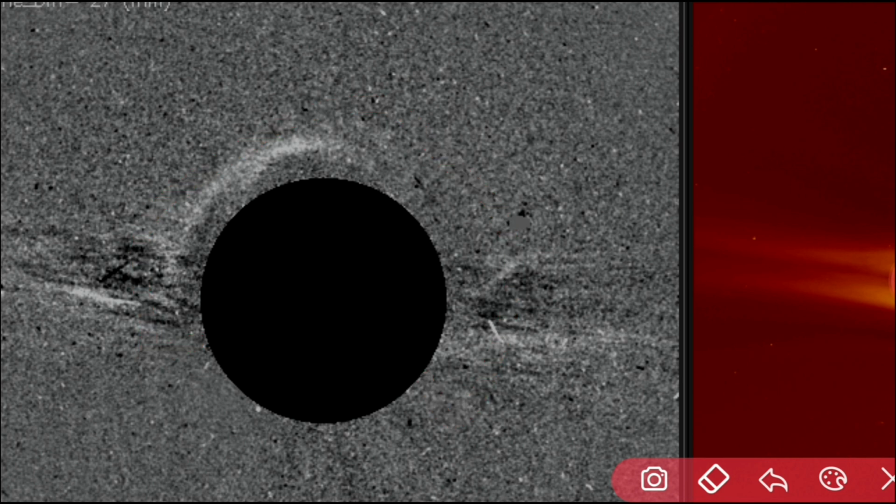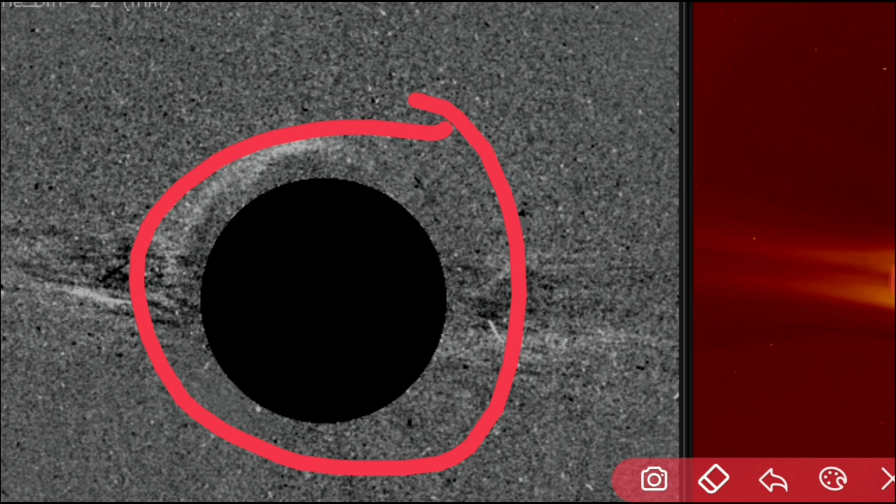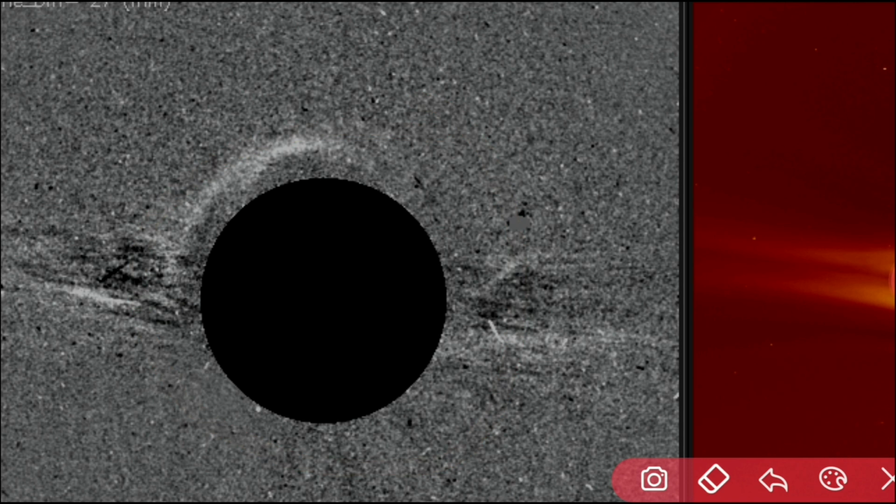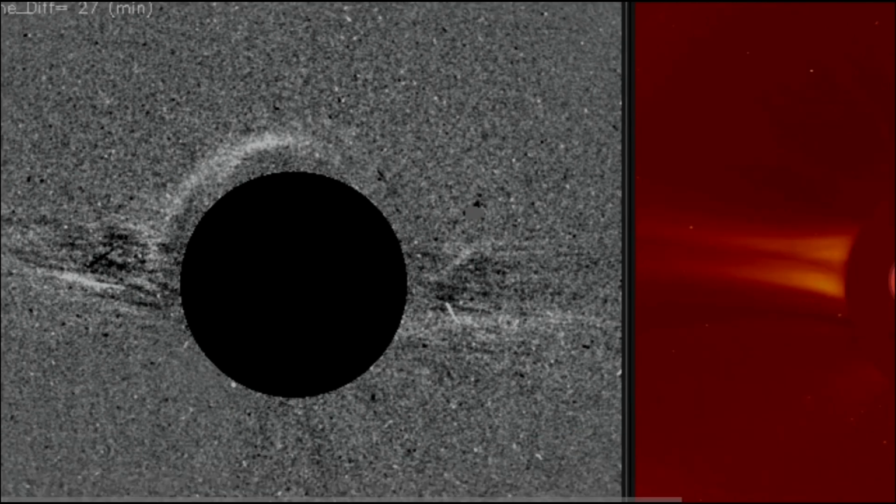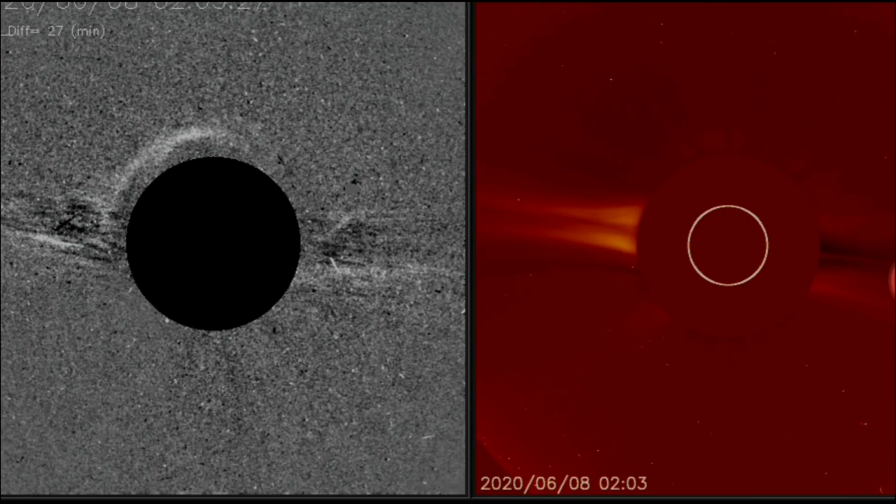A full-blown halo is exactly what you guys think it would be. It would be like this. And as this one keeps on going out, it may turn into a full-blown halo. Like I said, that's one of the bigger CMEs that I've seen in a very long time. And I haven't even seen the whole thing yet. But I can tell you with confidence right now, just judging by this.